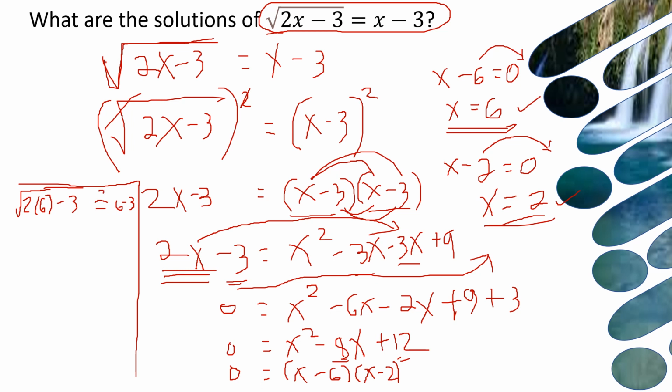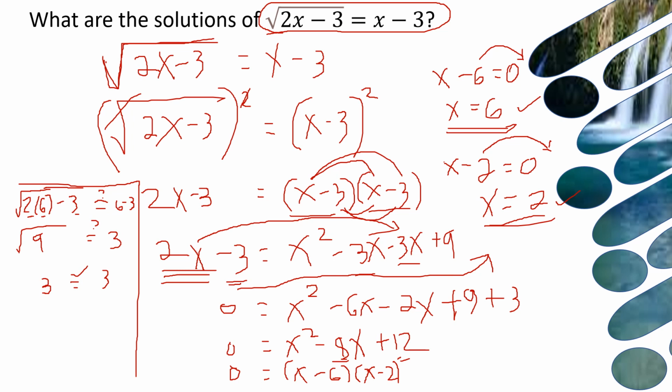So it's still a question mark. But 2 times 6 is 12, 12 minus 3, that's 9. So square root of 9 equals, on the other side, 6 minus 3, so that's 3. But the square root of 9 is 3, so that's 3 equals 3. And we have proven it right. So that's one solution. 6 is a real solution.